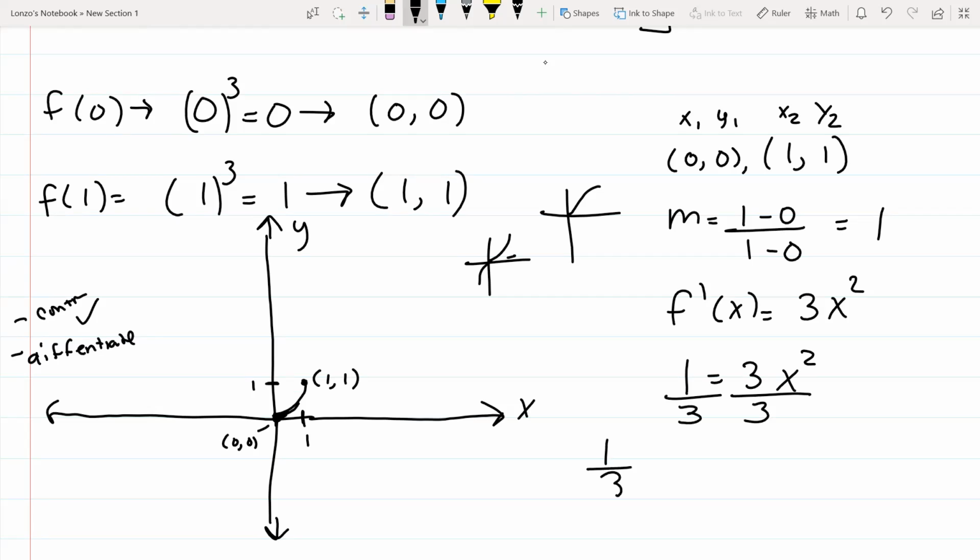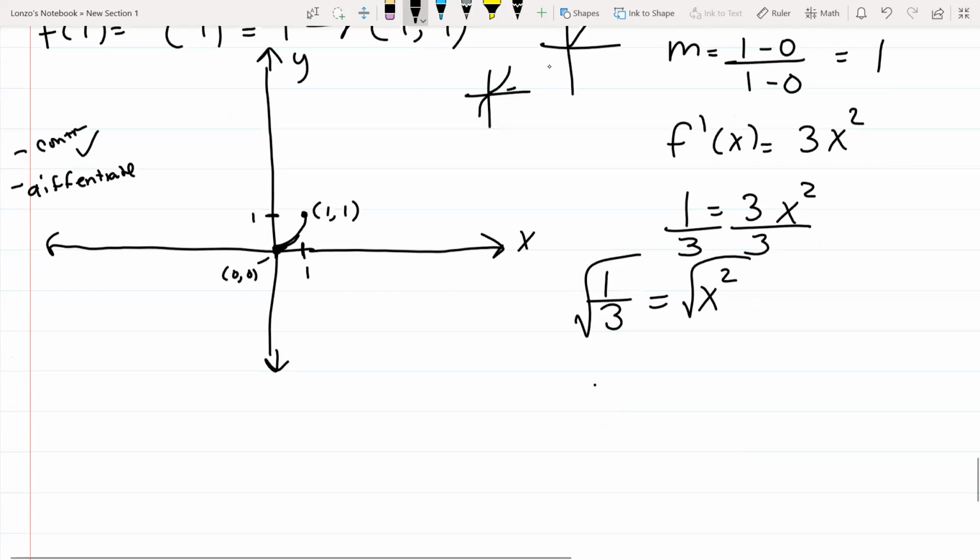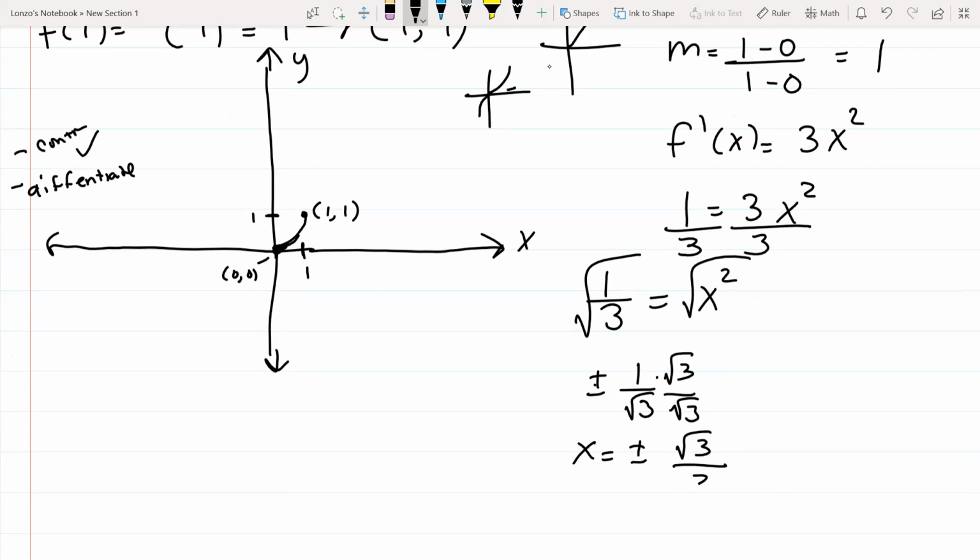So I get 1/3 equals x squared. Take the square root. So this is going to be plus or minus the square root of 1, which is 1, over radical 3. And then if you rationalize the denominator, you get an x value of plus or minus radical 3 over 3.